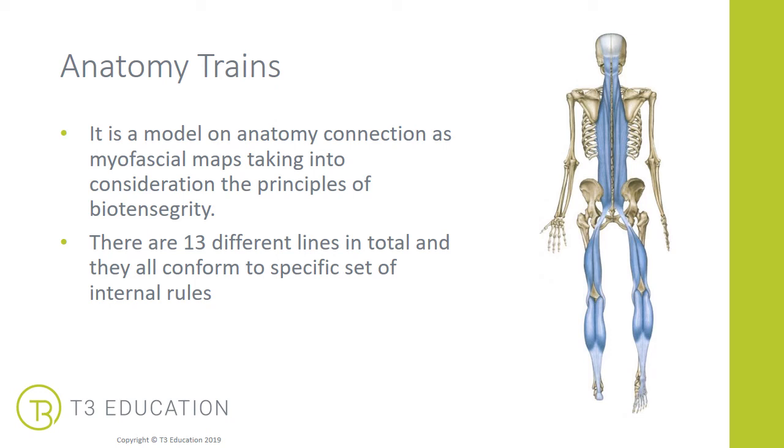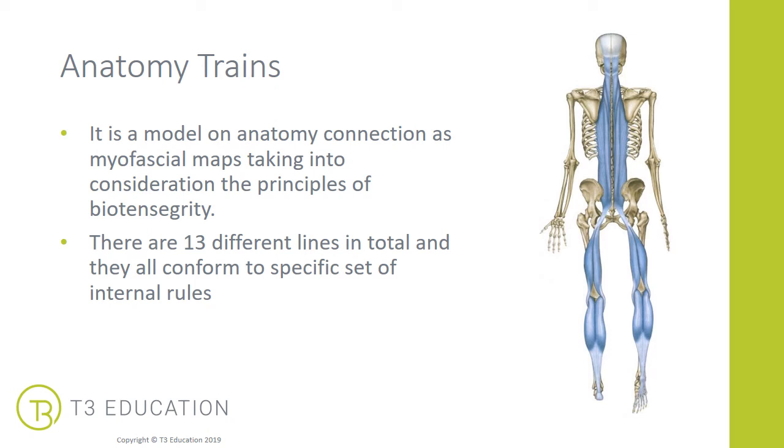And following on from that, we can then start looking at Anatomy Trains. Anatomy Trains was a model based on anatomy connection created by Thomas Myers. He was a structural integrator and Rolfer, and looked at the body based on the different lines of force production and muscle fibers.